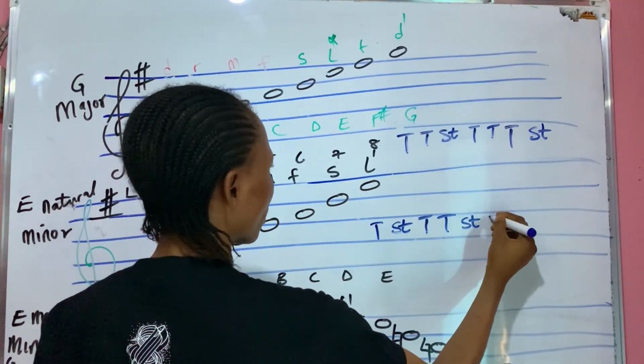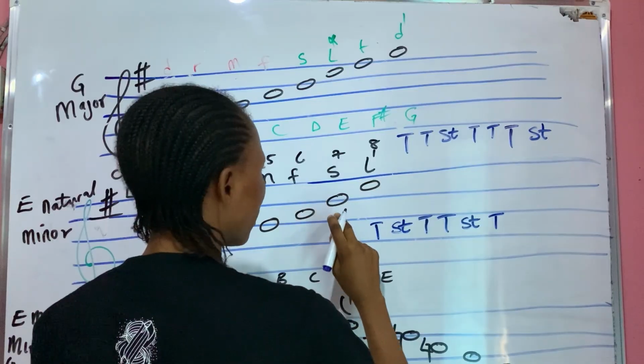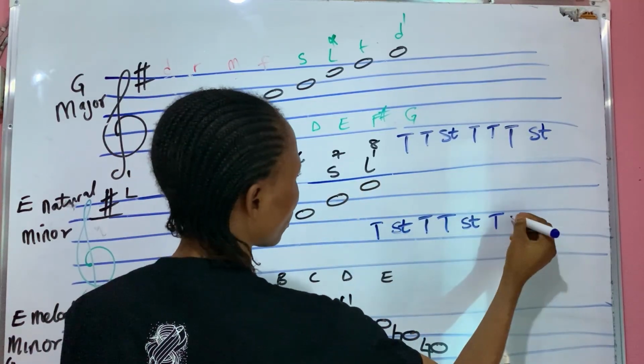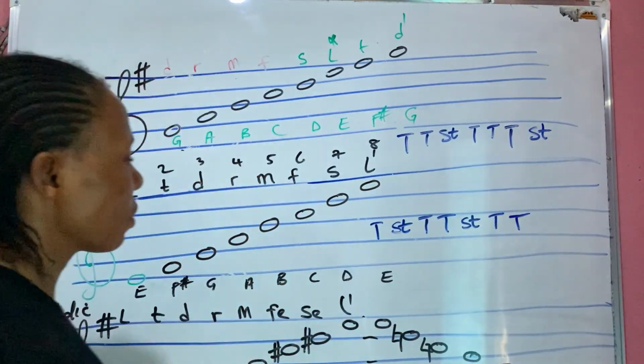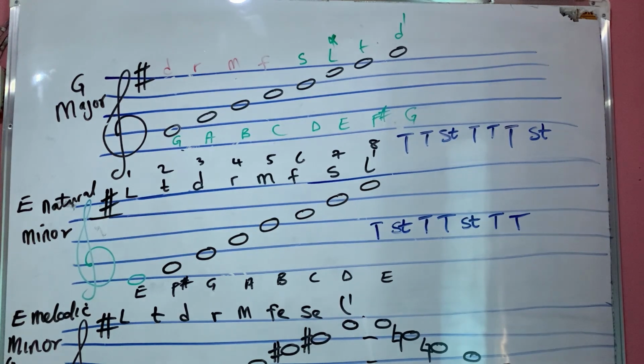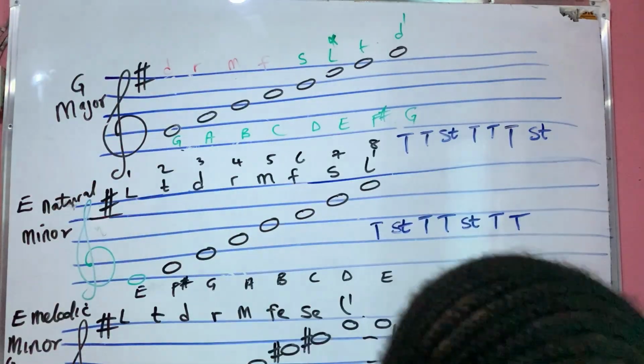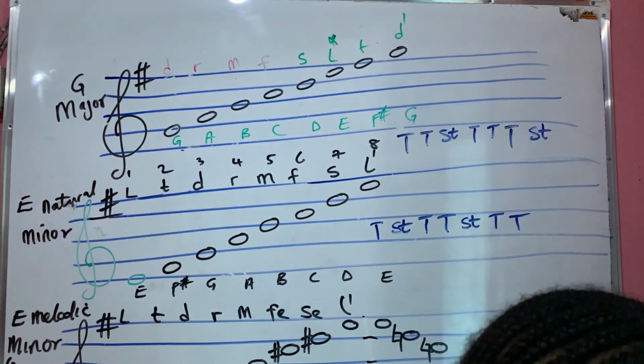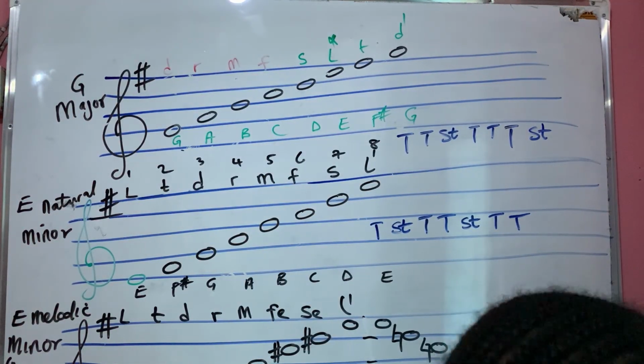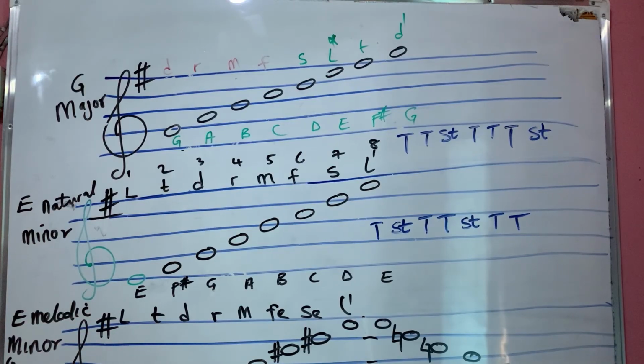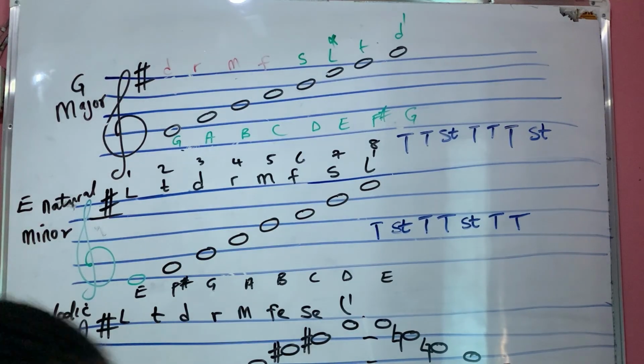C to D is a tone. Then D to E is a tone. So the formula for natural minor is tone, semitone, tone, tone, semitone, tone, tone. That's it.